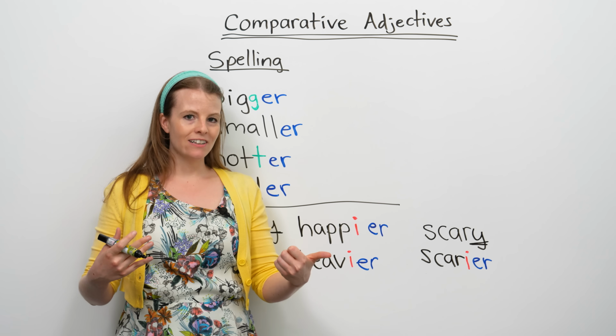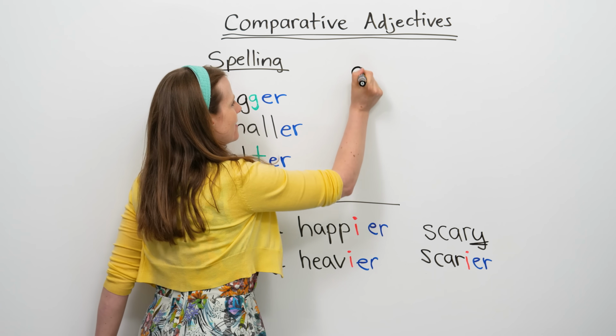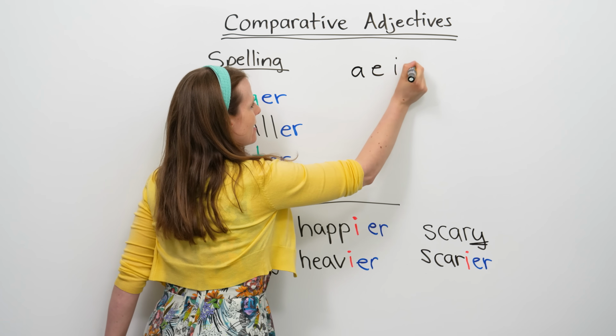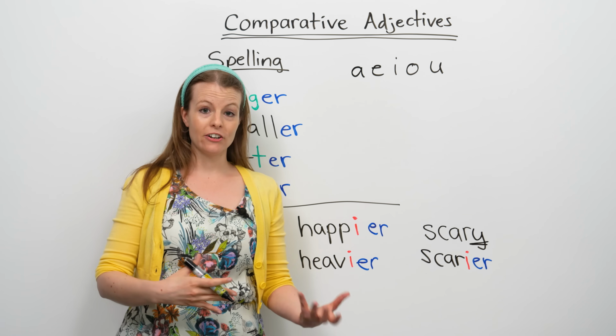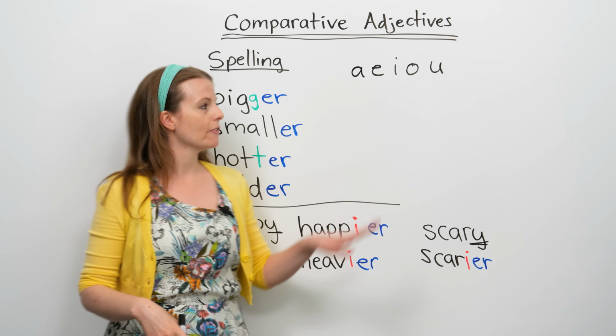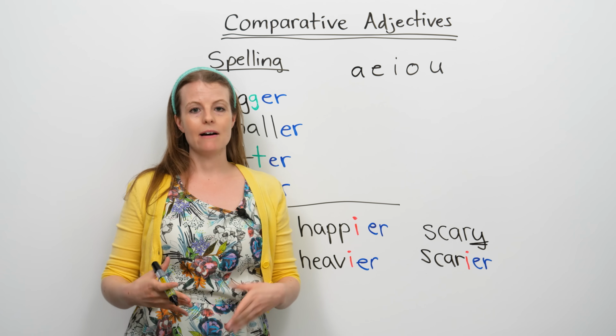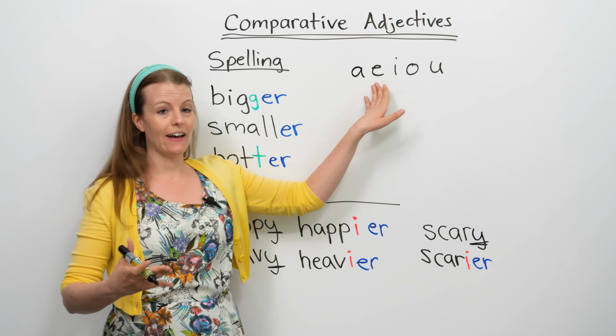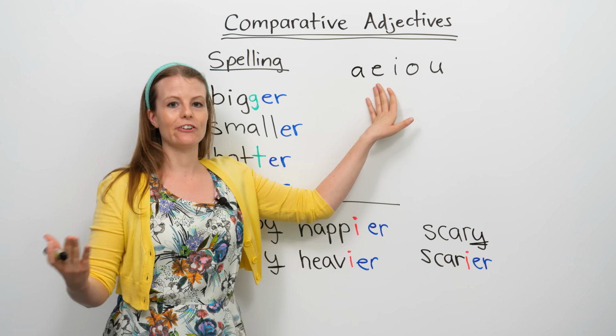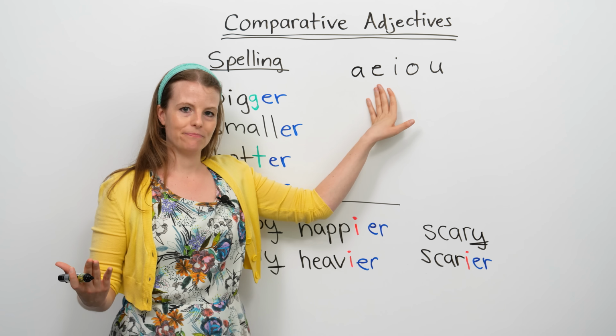So a vowel is A, E, I, O, and U. A consonant are the other letters. Okay, so vowels are these letters, and they have different sounds, and consonants are not vowels. So they're the rest of the letters or the sounds in English.